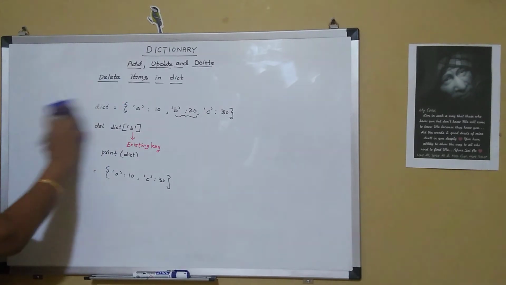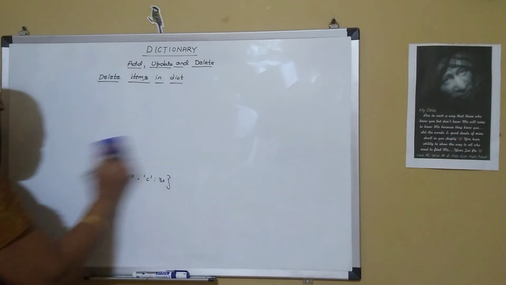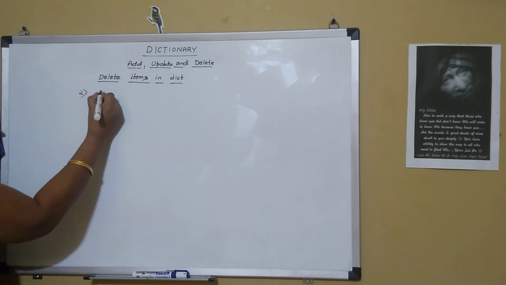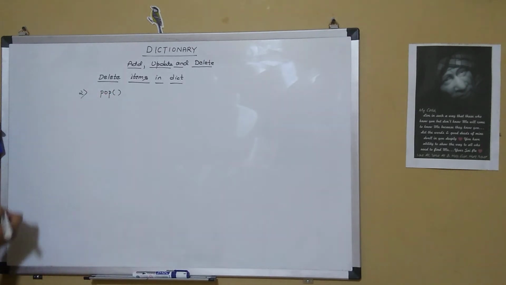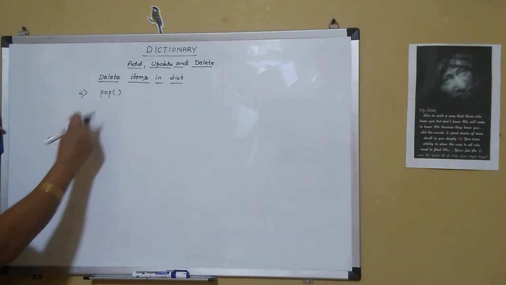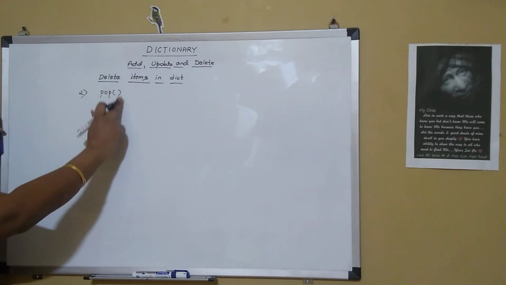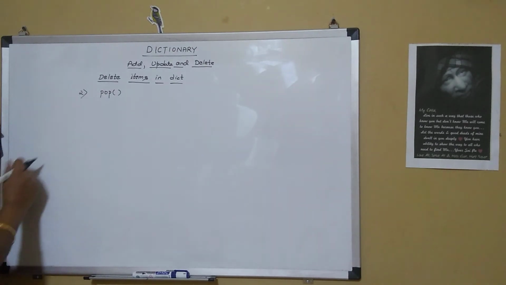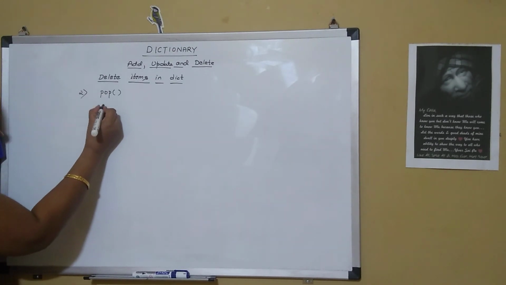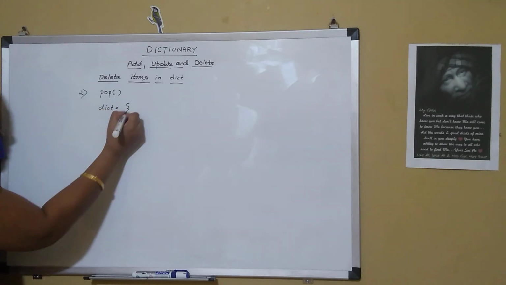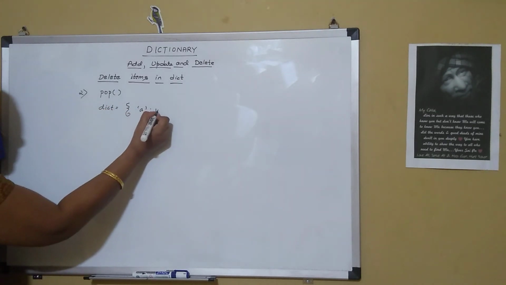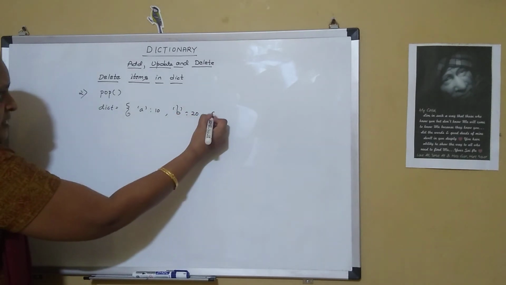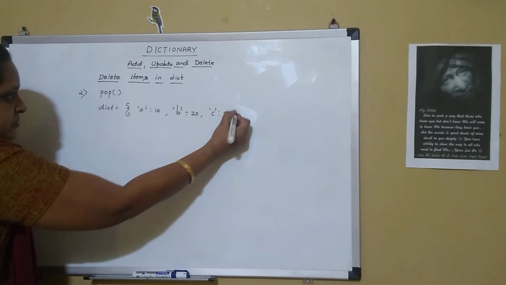The second method is by using the pop function. The second way we can delete an item from the dictionary is with the help of the pop function. This pop function removes the item from the dictionary and the removed value can be stored in a variable. Suppose my dict is equal to A: 10, B: 20, C: 30.